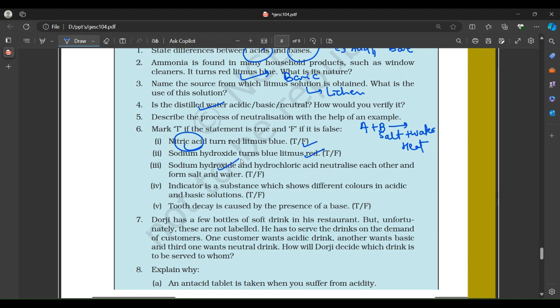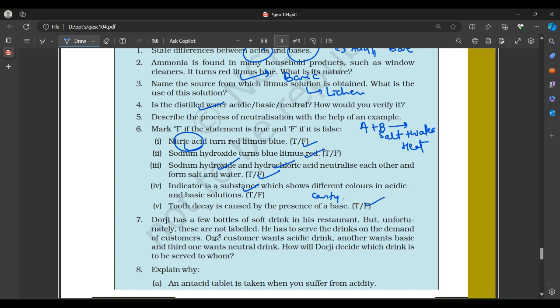True. Indicator is a substance which shows different colors in acidic and basic solutions. Yes. Tooth decay is caused by the presence of a base. Tooth decay, the cavities, is caused by acid, not base. False.